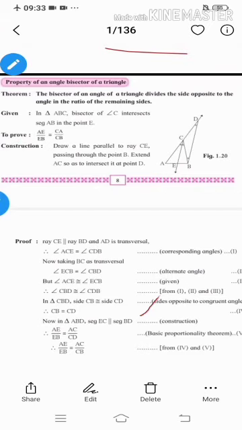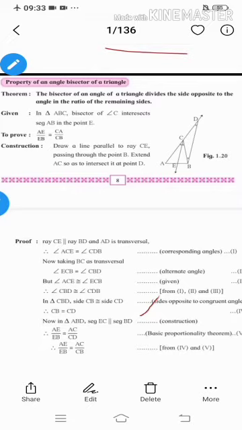So student, after proving two theorems, we come to the property of an angle bisector of a triangle. Under this we prove one more theorem: the bisector of an angle of a triangle divides the side opposite to the angle in the ratio of the remaining sides.